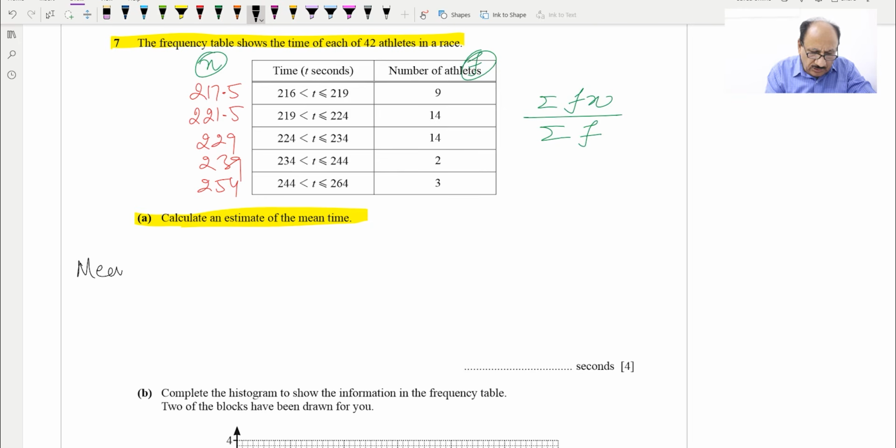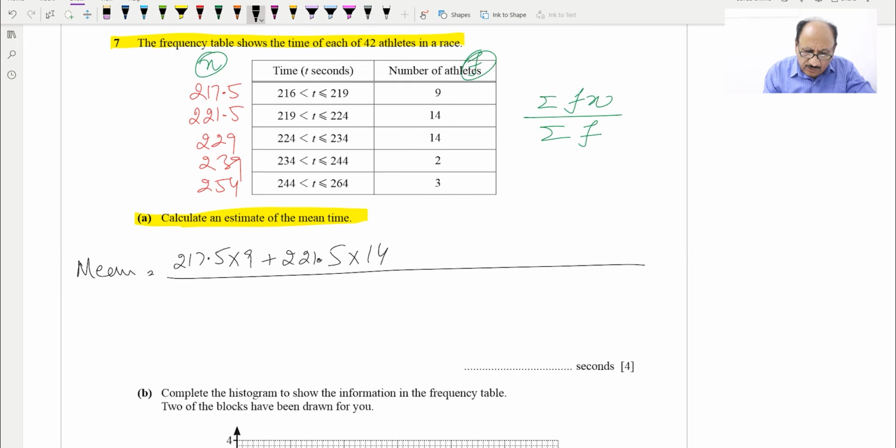So mean is equal to 217.5 times 9, plus 221.5 times 14, plus 229 multiplied by 14, plus 239 multiplied by 2, plus the last one, 254, multiplied by 3, all divided by 42 athletes, since the sum of frequencies is 42.